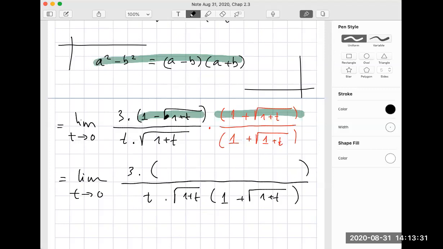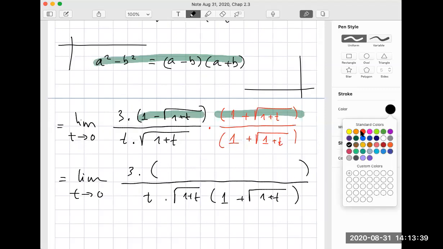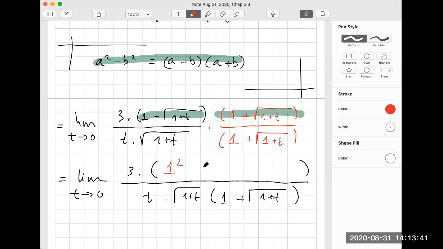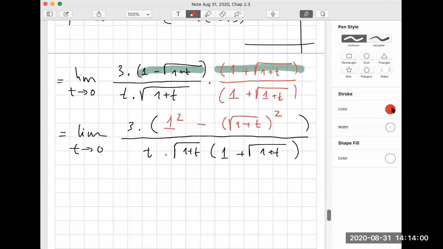Okay, here from this formula, this minus this times this plus this, it will be 1 squared minus b squared, in this case, should be 1 plus t, square root here, squared, right? Square root and then square will be simply 1 plus t. One squared is 1.